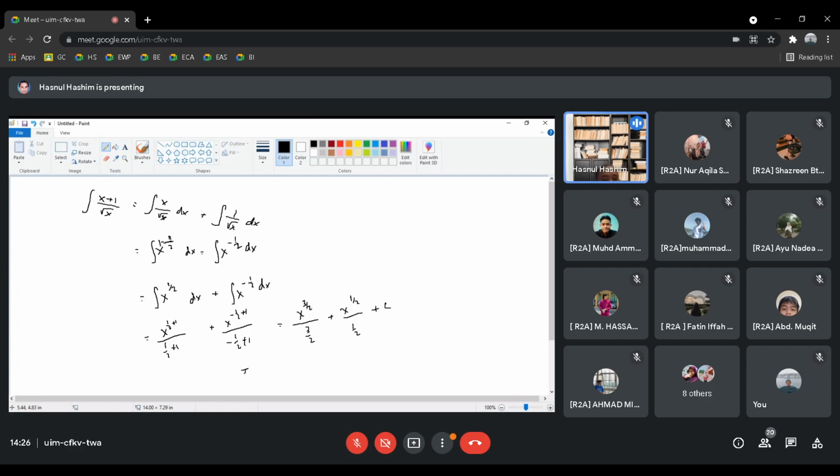So the answer will be 2x to the power 3 over 2 over 3 plus 2x to the power half plus c, or we can say 2 over 3 x to the power 3 over 2 plus 2 square root x plus c. Okay, that is the final answer.